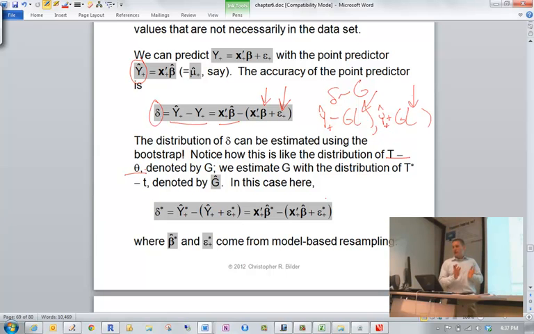We don't know the distribution of t minus theta, so instead we estimate that distribution with the distribution of t star minus t. It's the same idea. Notice how this is now written in terms of our x's and our beta hats. So I have a star there. I do not have a star here. I do have a star there.